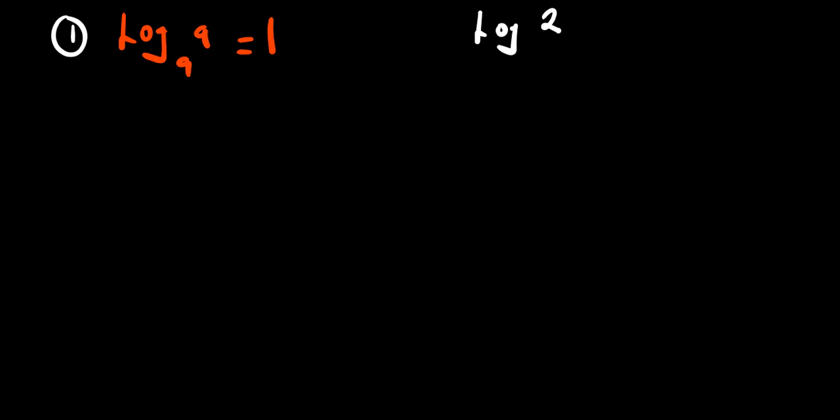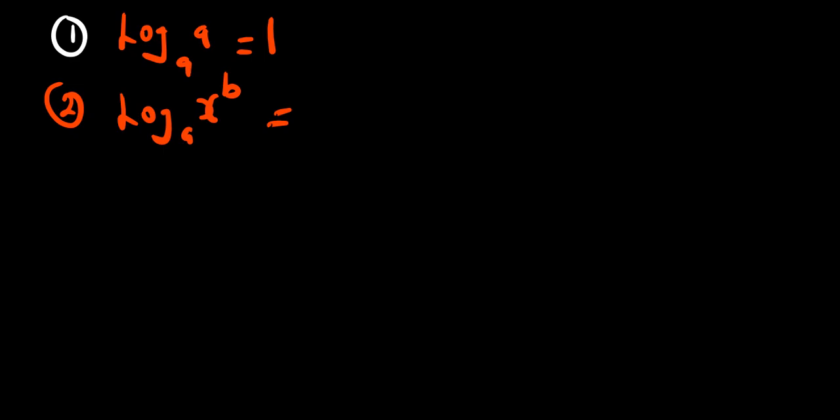Okay, then the second rule that we can talk about is the one where, if you've got a log and then you've got b here as a power, what you're going to do is that your b is going to drop. So you have a log of x to the power b, with base a.